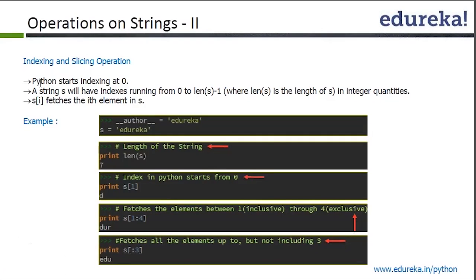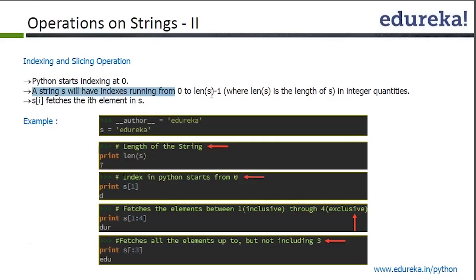It's pretty simple. And the important thing here is Python starts indexing at 0, like I've been telling you. But if you have to pull out the first 5 characters, you'll have to give 0 to 5. It will take 0, 1, 2, 3, 4. That's how it will give.